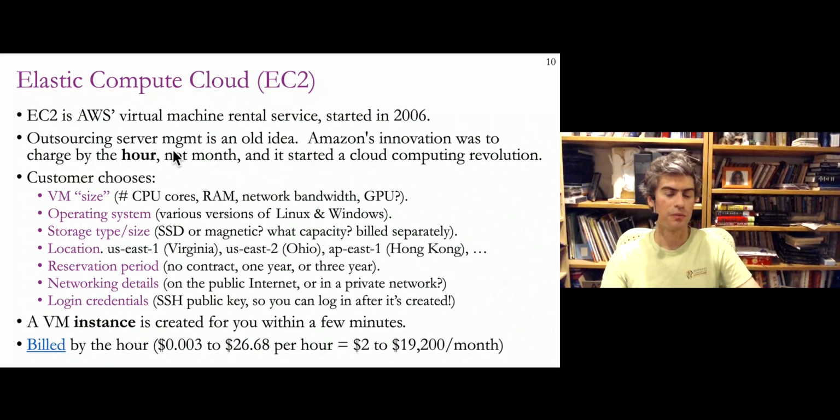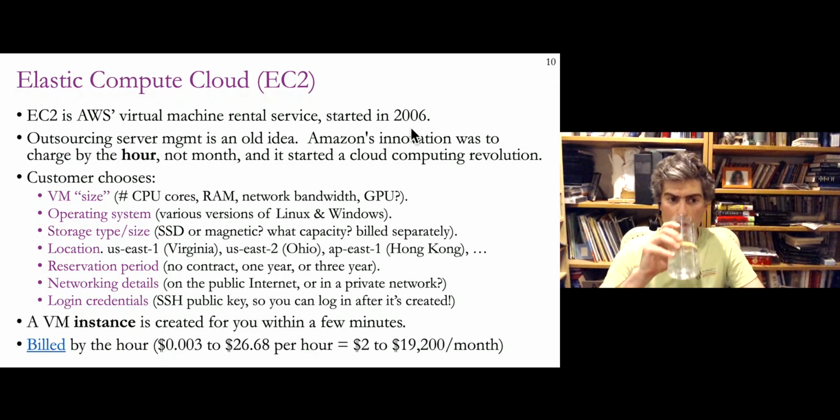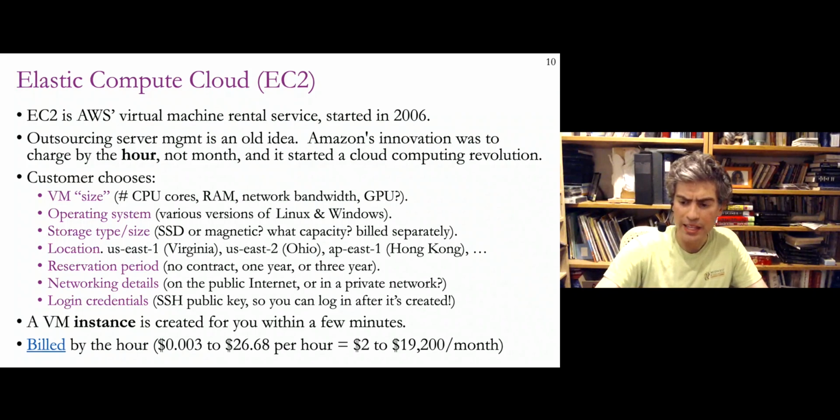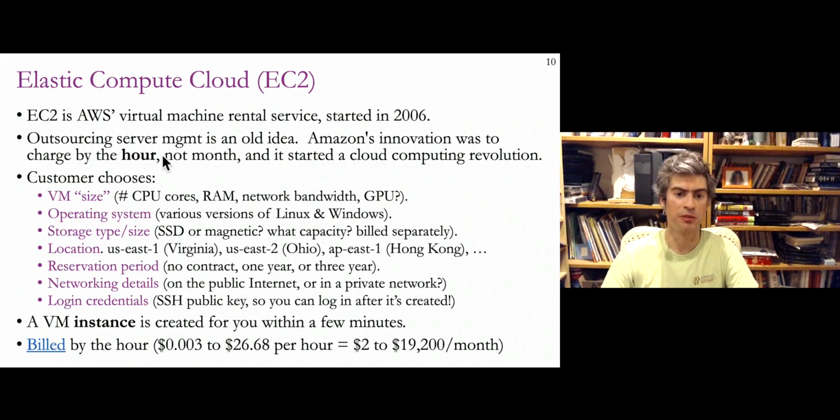In the old days, so EC2 was started in 2006, so 14 years ago. At that time, it wasn't a totally new idea that you'd have a data center outsourcing the management of servers to other companies. But the way that worked is that you would buy a machine from a cloud provider.